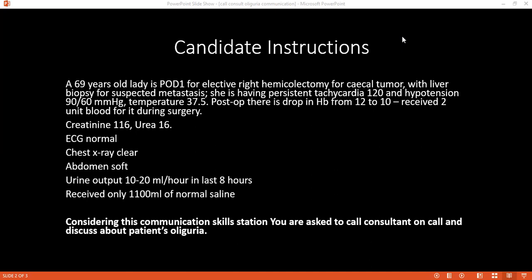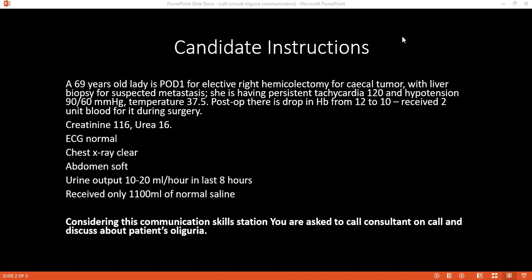Mrs. X is a 69-year-old female patient. She had been operated 24 hours ago, right hemicolectomy for cecal cancer. Her urine output in the last 8 hours is about 10 to 20 ml. I checked the urine catheter and it was not blocked. The patient is tachycardic with hypotension and a low-grade fever.